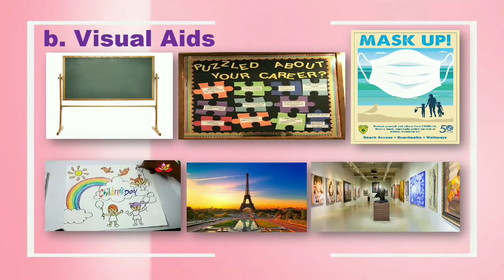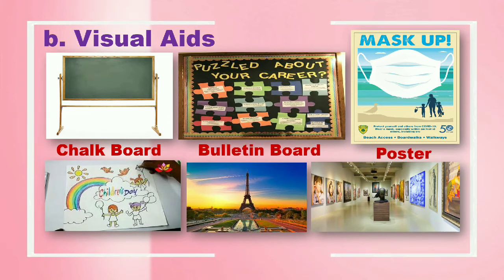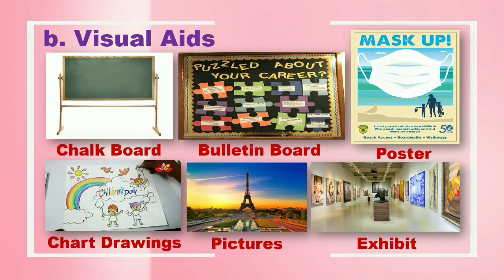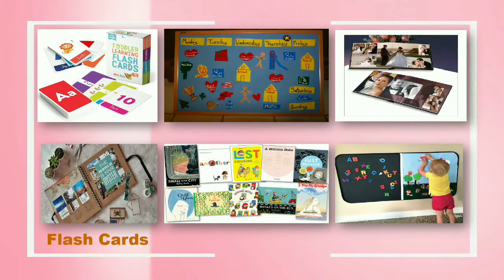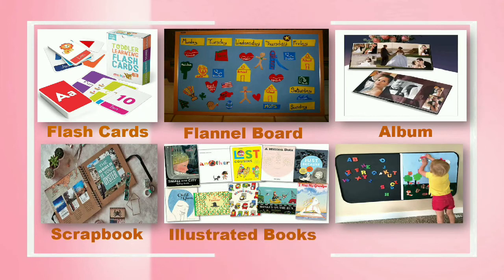Visual aids. These involve the sense of sight. So here are the examples. Chalkboard, bulletin board, posters, chart drawings, pictures, exhibits. We also have flashcards, flannel board, album, scrapbook, illustrated books, magnetic board.